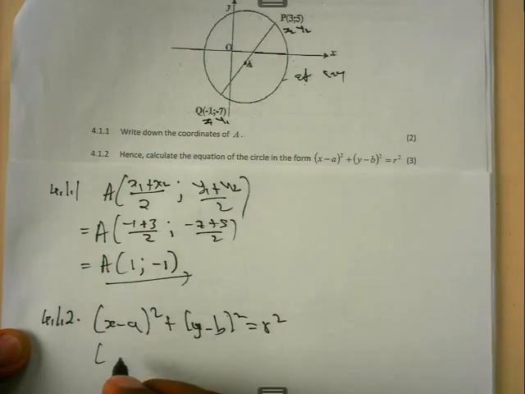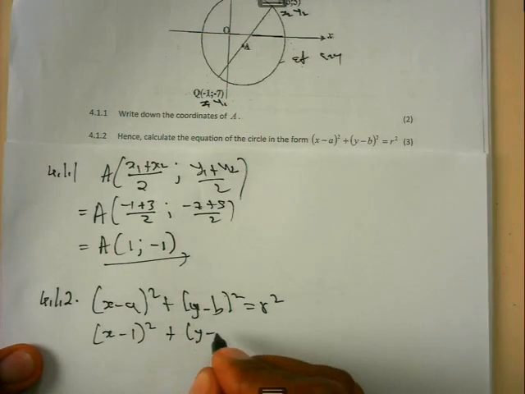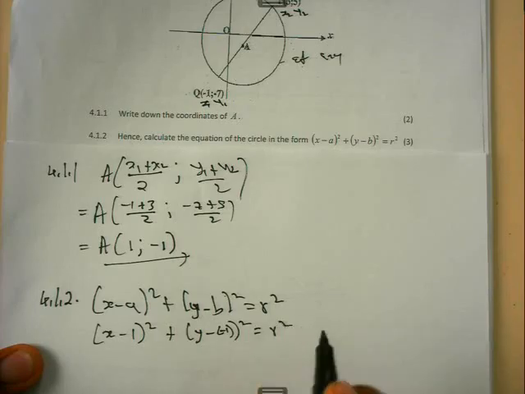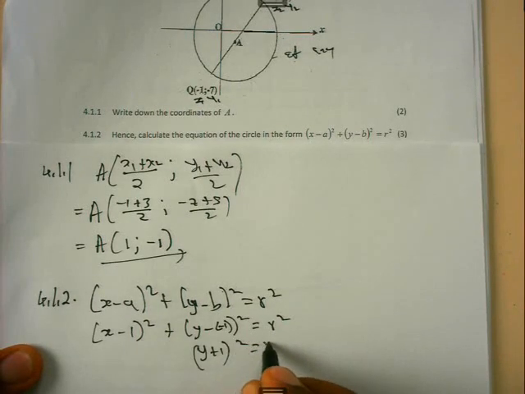The center is a = 1 and b = -1, so (x - 1)² + (y + 1)² = r².